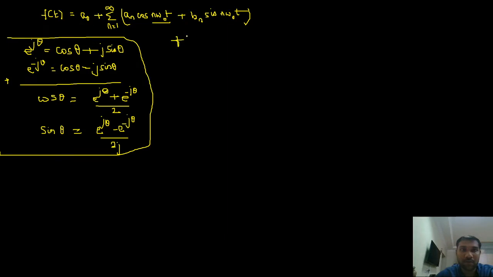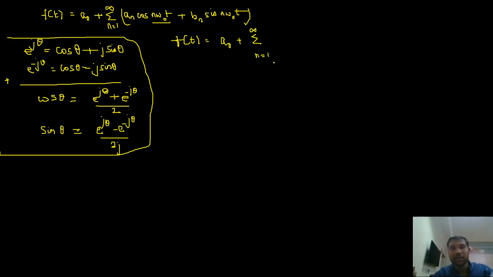So what will my f of t be equal to? f of t is equal to a₀ plus summation n equals 1 to infinity.